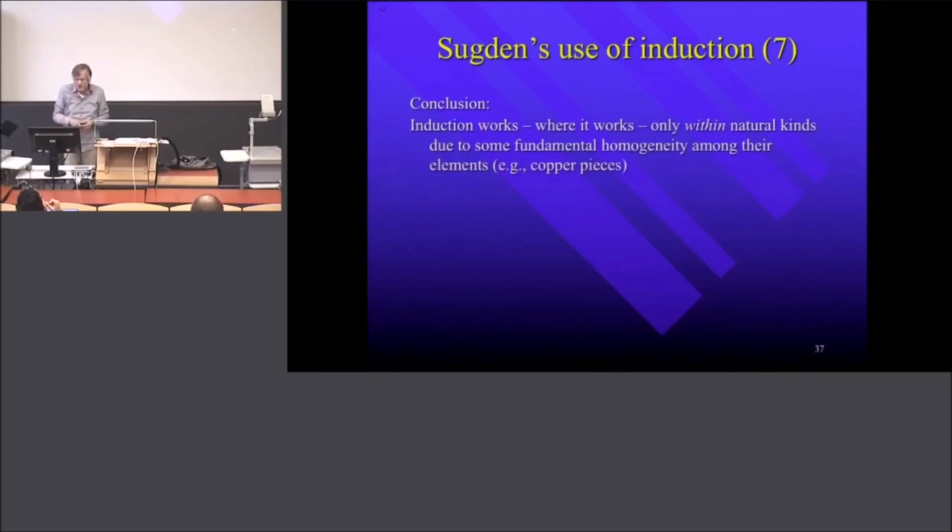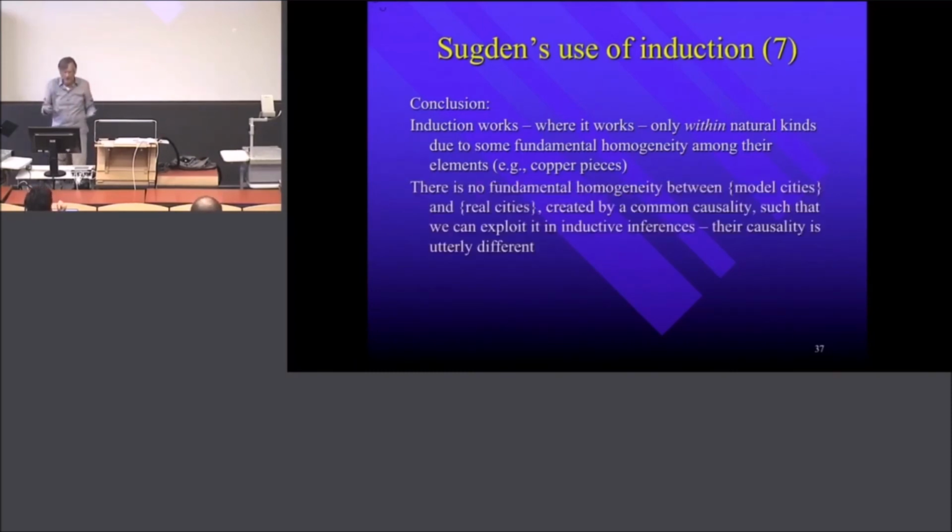Now the conclusion is this. Induction works where it works only within natural kinds, due to some fundamental homogeneity among their elements, for instance, the copper pieces. Their induction works, but only within that class.